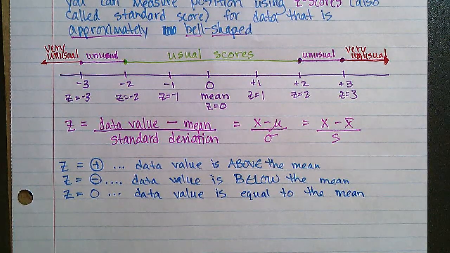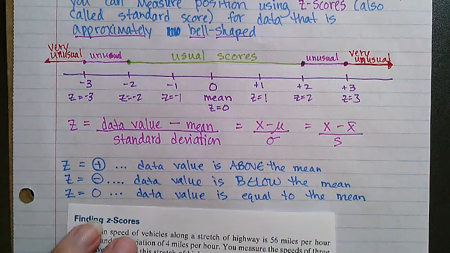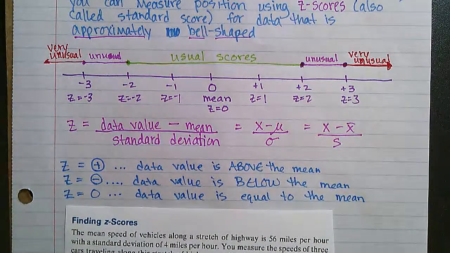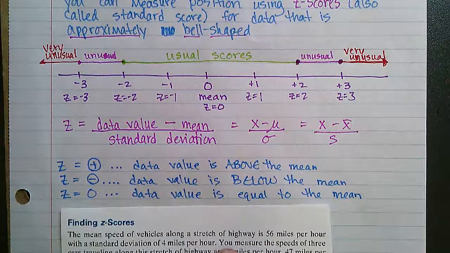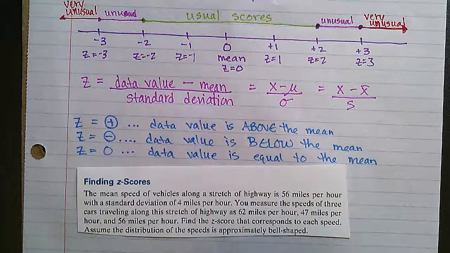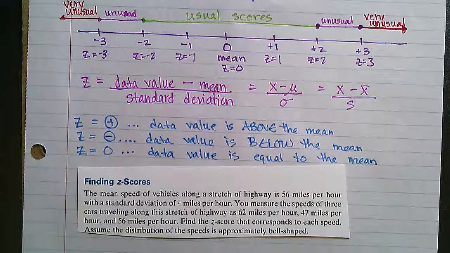So let's practice finding z-scores and then comparing z-scores. So finding z-scores will be first. The mean speed of vehicles along the stretch of a highway is 56 miles per hour with a standard deviation of 4 miles per hour. You measure the speeds of 3 cars traveling along this stretch of highway at 62 miles per hour, 47 miles per hour, and 56 miles per hour.